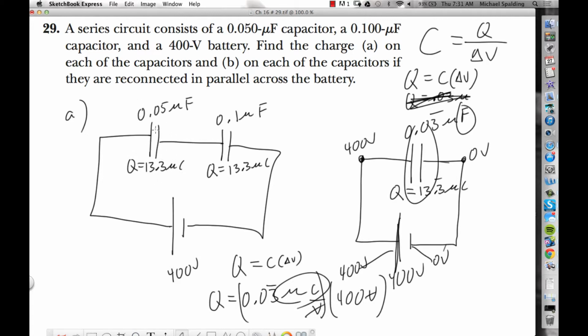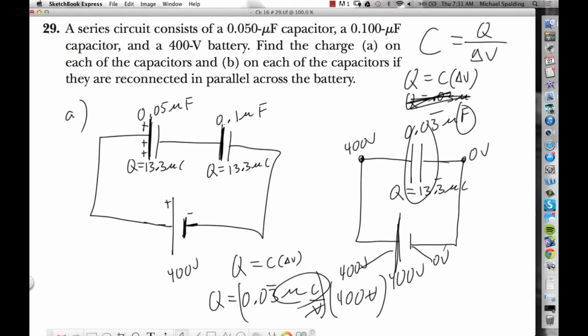Because of the way capacitors charge up. Let's say for a moment that this is not connected yet. As soon as you hook up the capacitors, ready, set, connect, the electrons on this plate get pulled to the positive terminal of the battery. That leaves this plate positive, and then the electrons on the negative terminal of the battery get pulled up here.